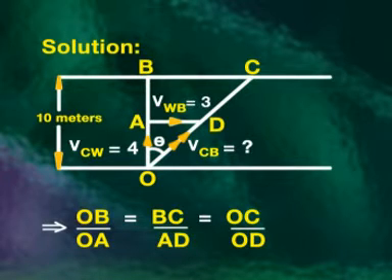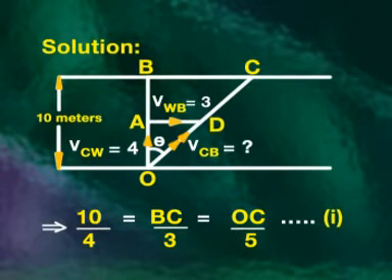The corresponding sides of triangle OAD and triangle OBC are proportional, implying OB divided by OA equals BC divided by AD, which equals OC divided by OD. This implies 10 divided by 4 equals BC divided by 3, which equals OC divided by 5. Let's call this equation I.